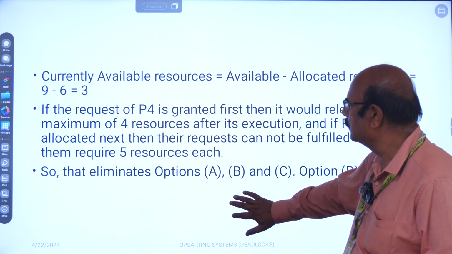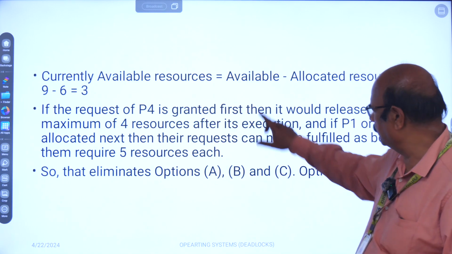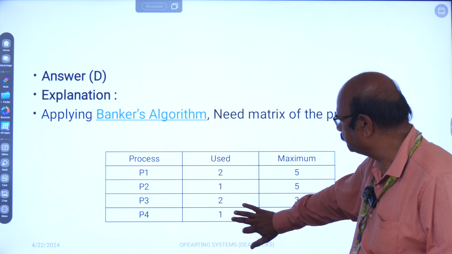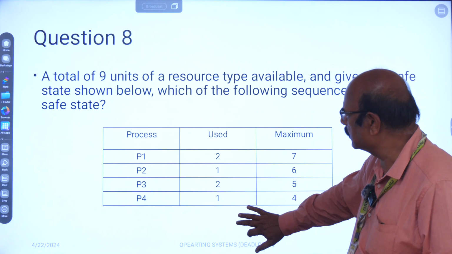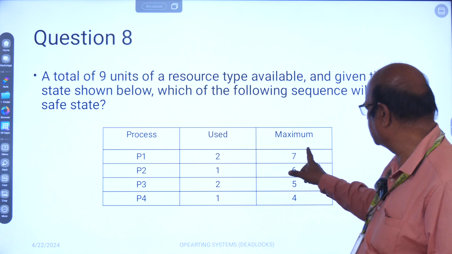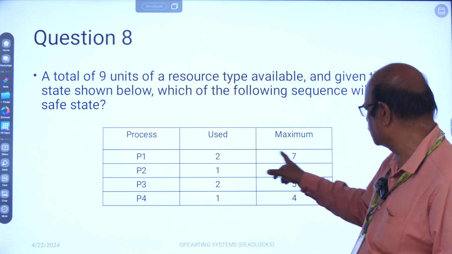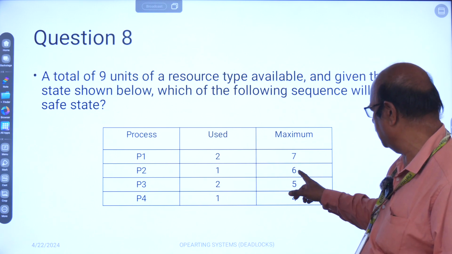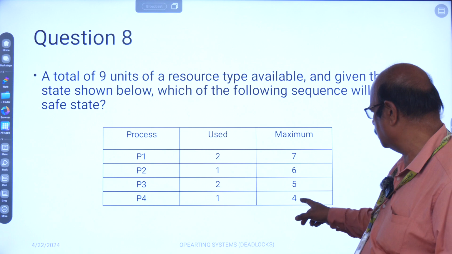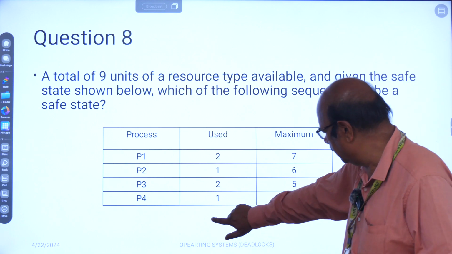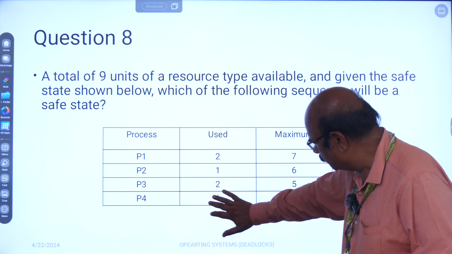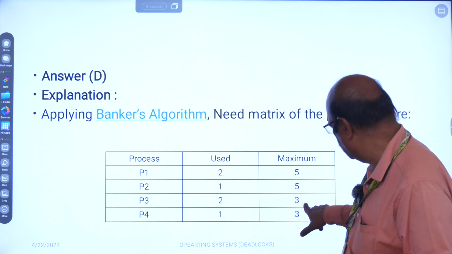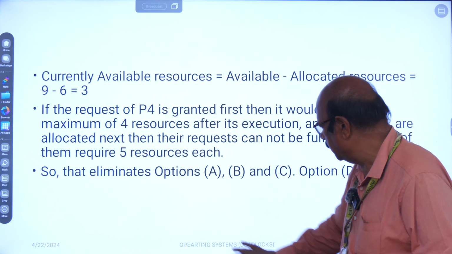Currently available, sorry. Read the question carefully. So how much is required? Here 5 is required, here 3 is required, here 3 is required. That only they have shown in the maximum required.